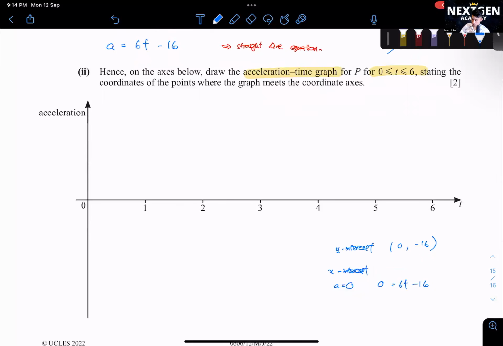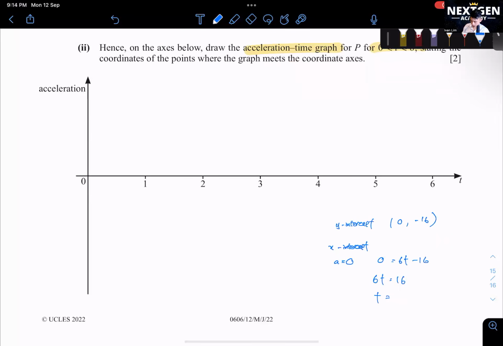Sorry, it is the x-intercept. 6t equals 16 and t equals 16 divided by 6. This one I'll put it in like 2.67, easier for me to see.